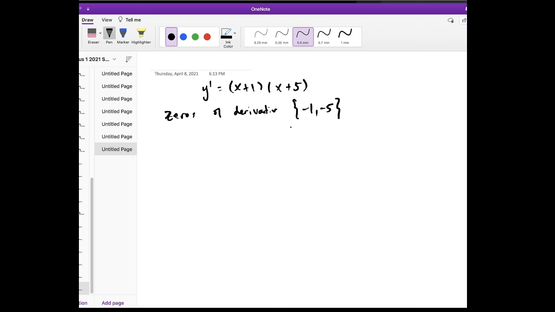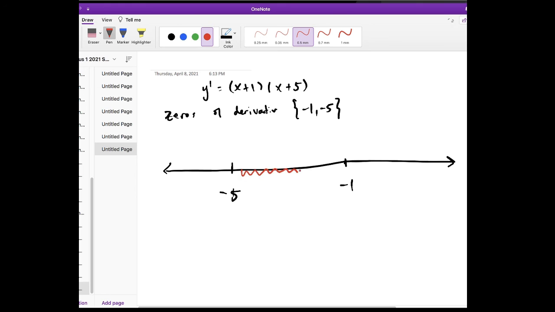Okay, so we know that the zeros are -1 and -5, but that means that everywhere else it's not 0. So let's look at a number line. We have -5, smaller, and -1. Now everywhere else it's not 0.